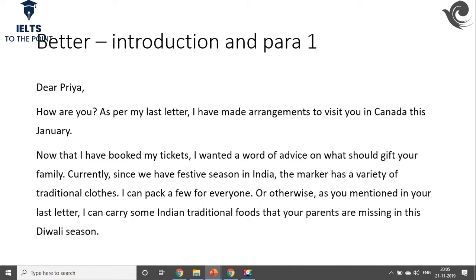Most of these letters have decent points, but they are lacking in overall coherence and cohesion, the way ideas are connected, the way paragraphs are connected, or even the words and phrases which are used, and the grammar which is used. So I am just focusing on these three evaluation criteria. I am trying to preserve the same ideas as much as I can.